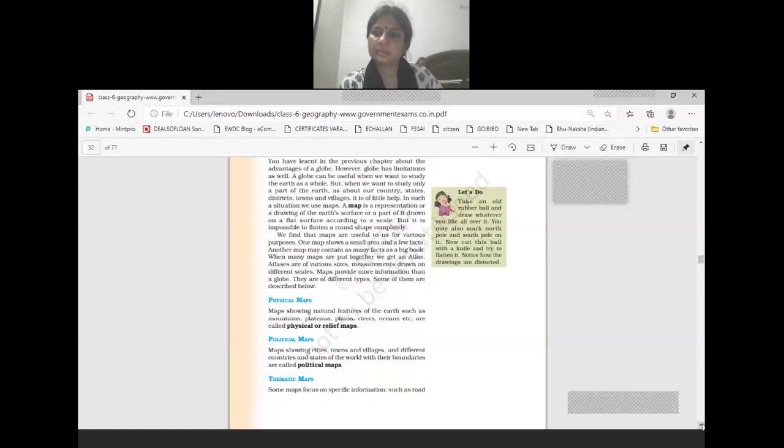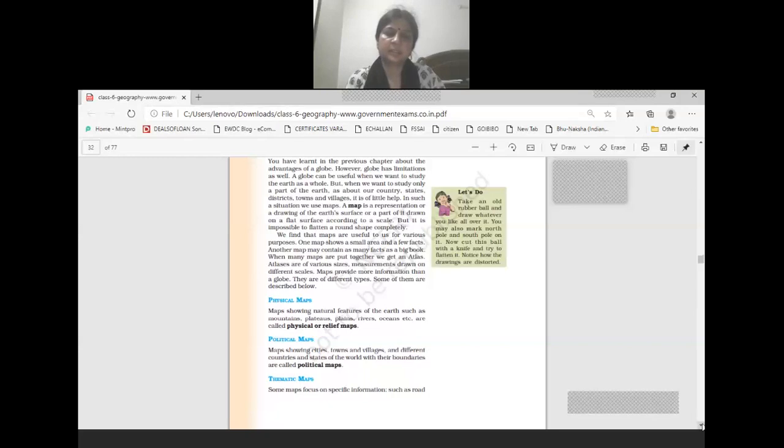So globe is a true model, but globe is useful only when we want to study the whole of the earth. If we want to study only a part of the earth, then it is of no use. Then in that case, we need a map. Okay, and the other important useful thing about map is that it is very easy to carry, and globe is very difficult to carry.